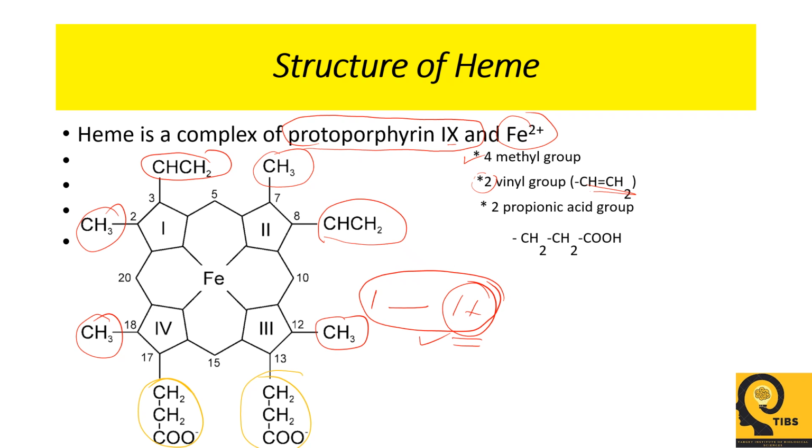These are the side chains. The central atom is iron, surrounded by pyrrole ring number 1, 2, 3, and 4. According to the classification, this is the basic structure present in all heme groups, but the side chains differ. The side chains having 4 methyl groups, 2 vinyl groups, and 2 propionic acid groups make protoporphyrin 9, and the central atom is iron.